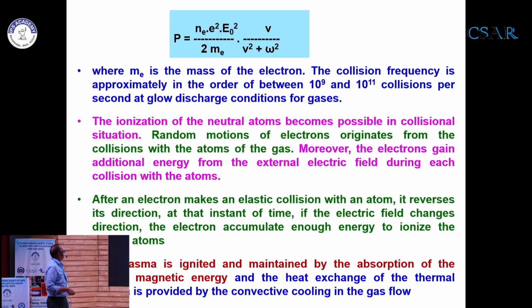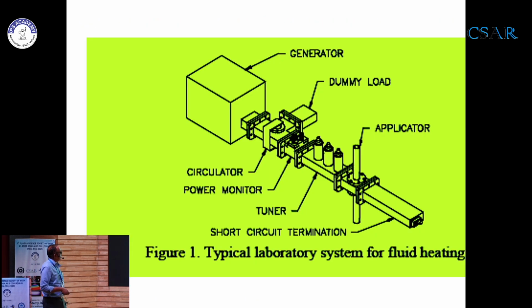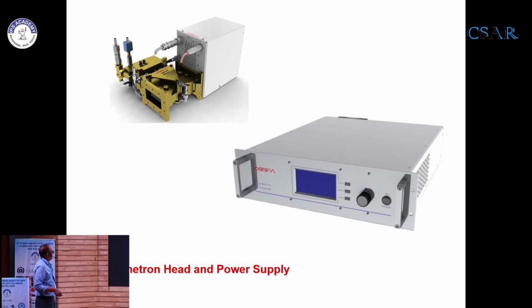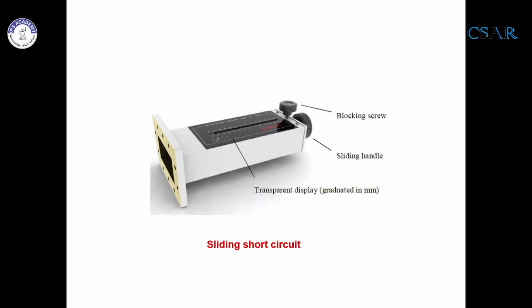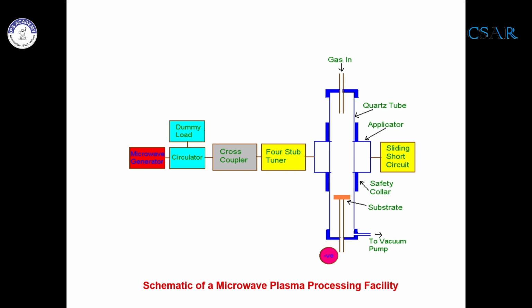The schematic is something like this. This is the microwave supply. You have the microwave generator, then the transmission line with circulator, cross coupler, stub tuner, then my quartz tube, and then a sliding short circuit.